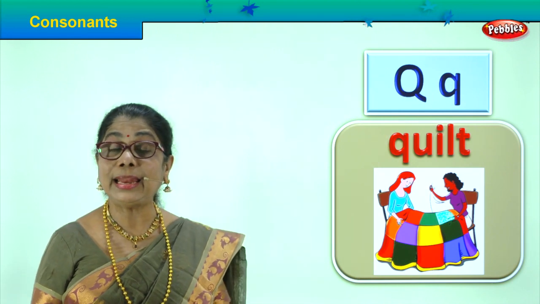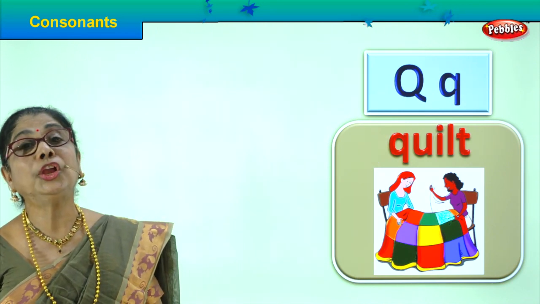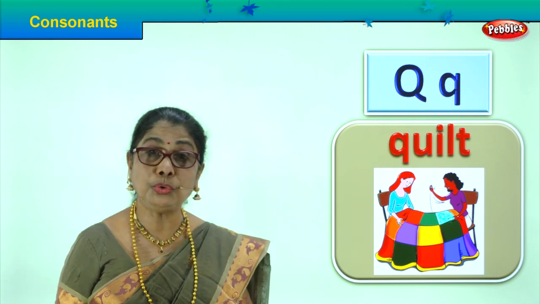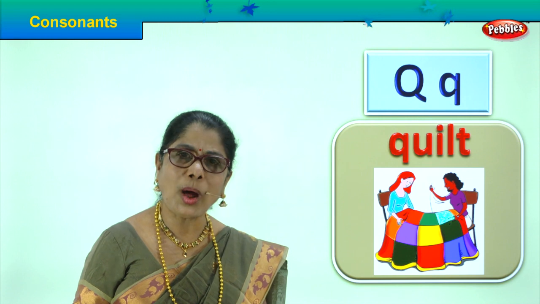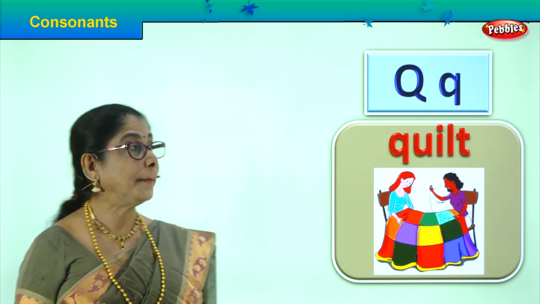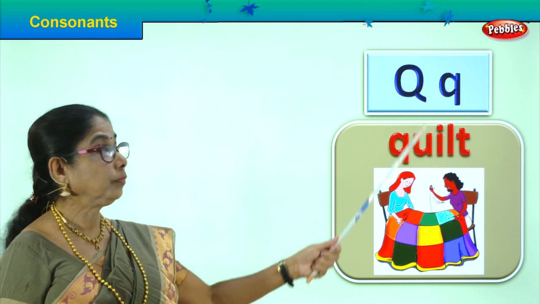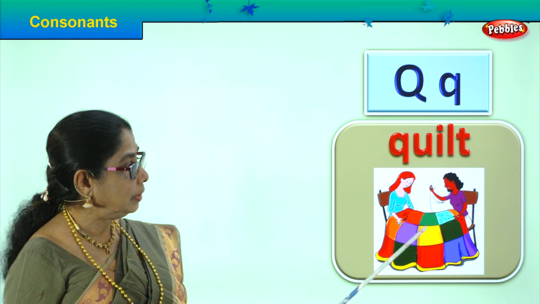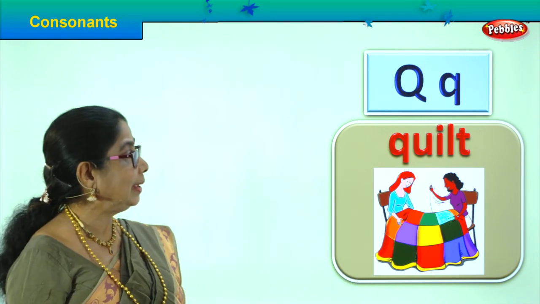Let's take a new picture. Here is another consonant. Q. Capital and small q. What is the sound? Quack. Quiet. Quack. Quilt. What is this? A colorful quilt they are making.